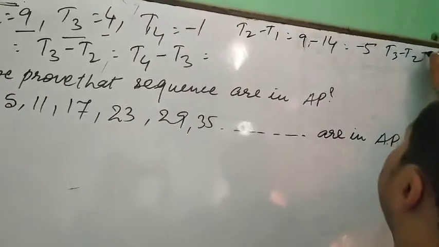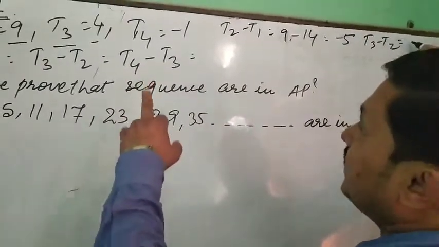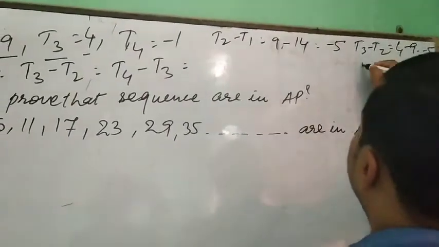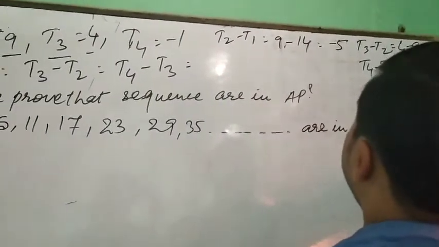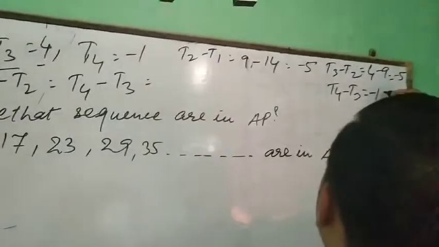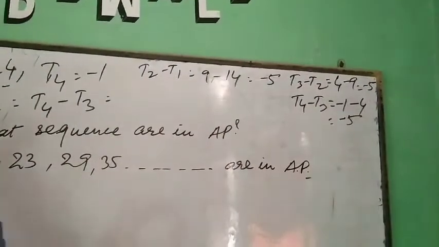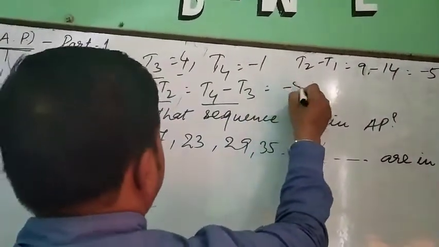T3 minus T2: 4 minus 9, that means minus 5. T4 minus T3: minus 1 minus 4 equal to minus 5.